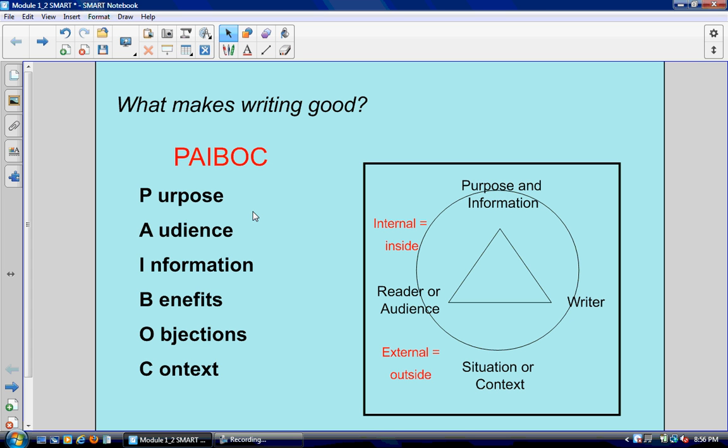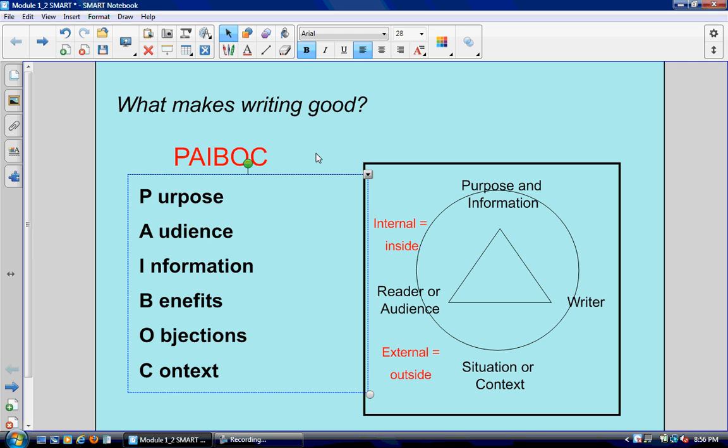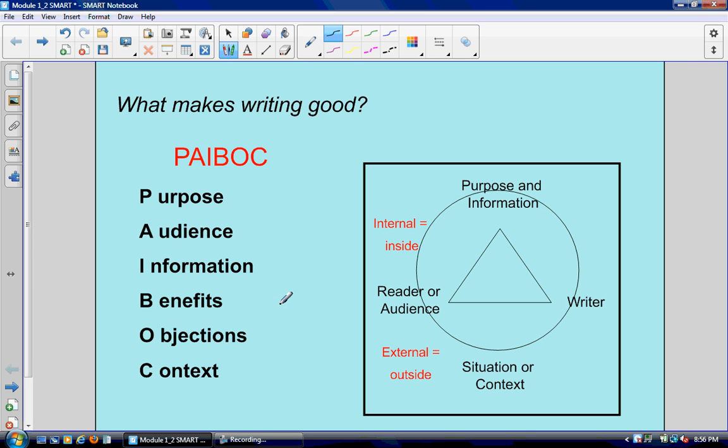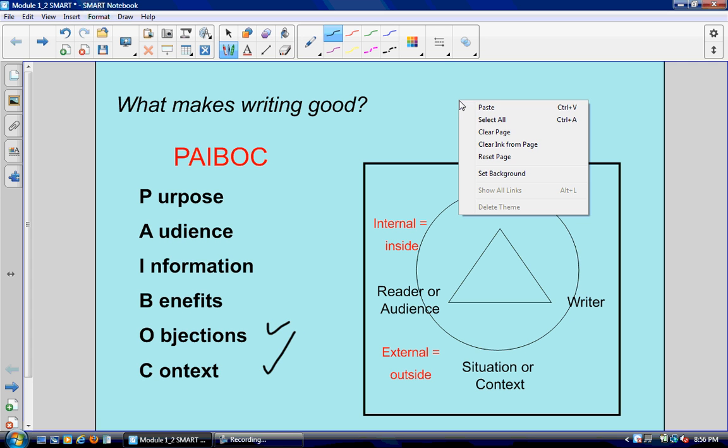And so again, PAIBOC, as is covered extensively in Module 1 on pages 12 and 13, which we reviewed on the first day of class, stands for purpose, audience, information, benefits, objections, and context. Okay?